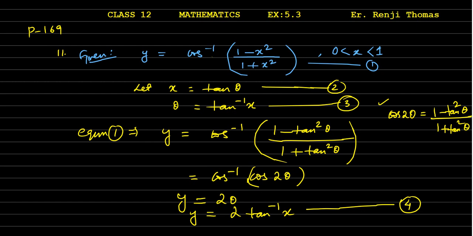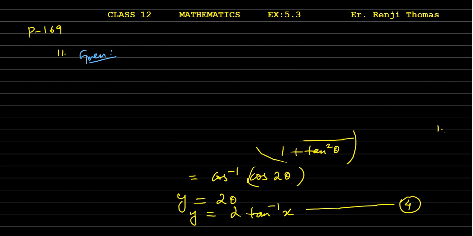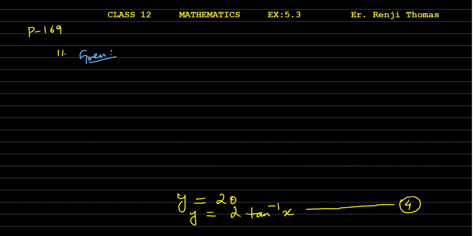Now I shall use my eraser and rub this, and then let me move on to the last part of this question. Just like the other sum which I did, we have to differentiate both sides now.